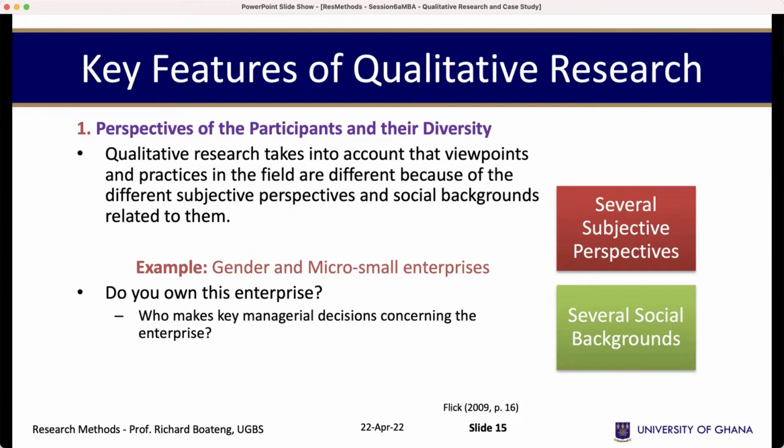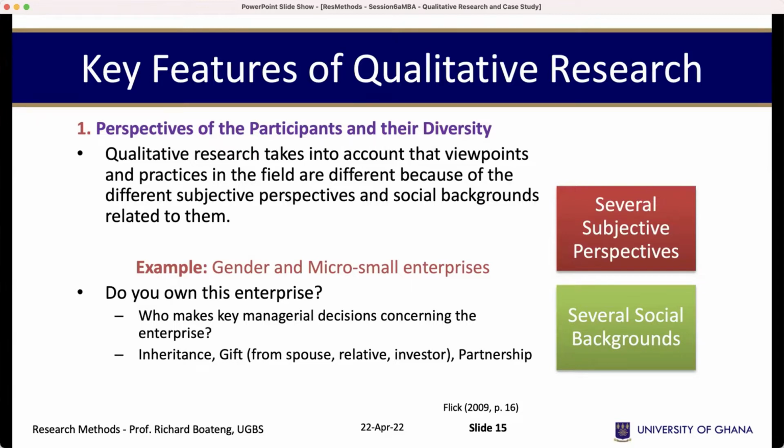Do you mean the one who makes key managerial decisions concerning the enterprise? Or the one who is actually sitting there day by day conducting the operations of the enterprise? So somebody can make key decisions, but he may not be the person doing the operational work in the enterprise.